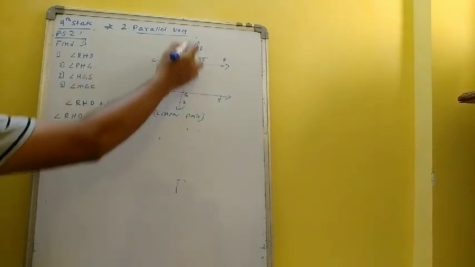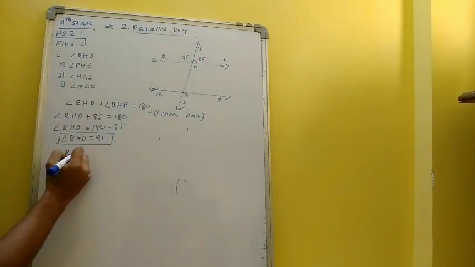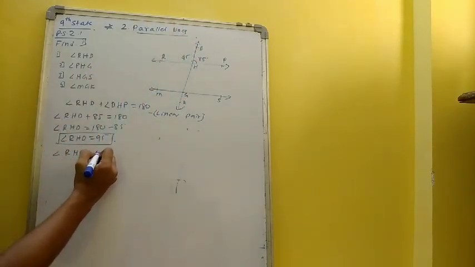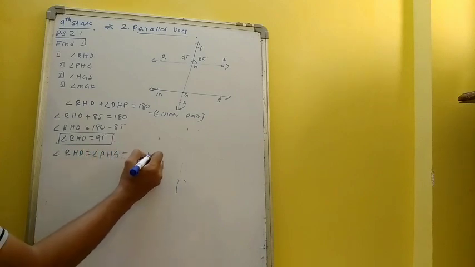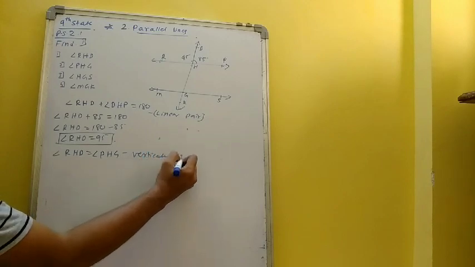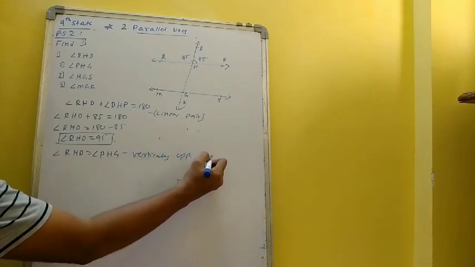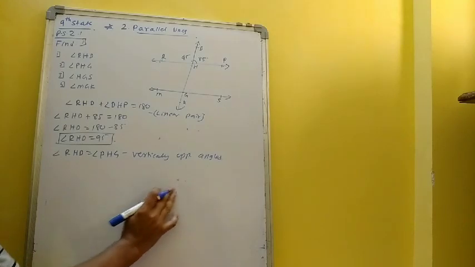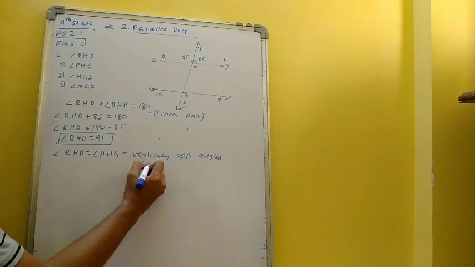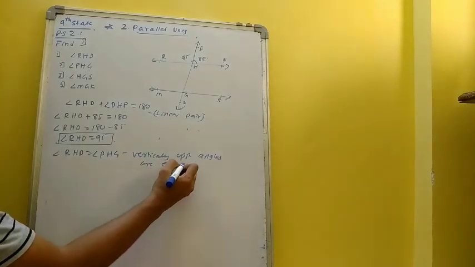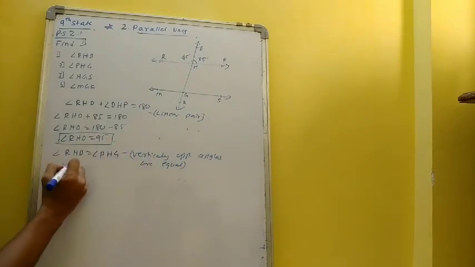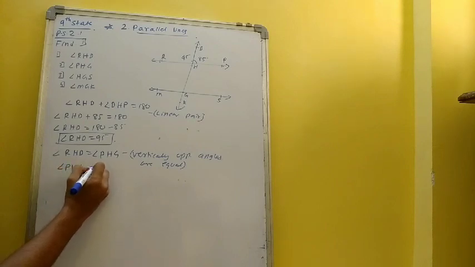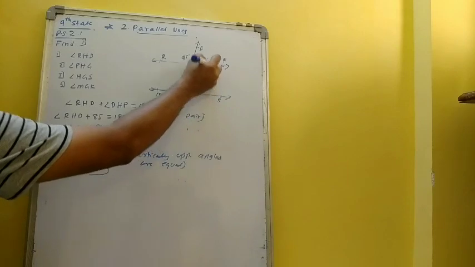Angle RHD is equal to angle PHG, vertically opposite angles are equal. So PHG will be 95 as well. So this is also 95.